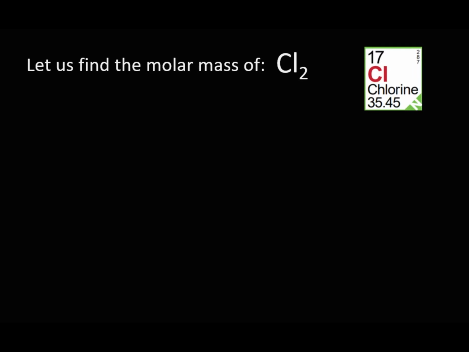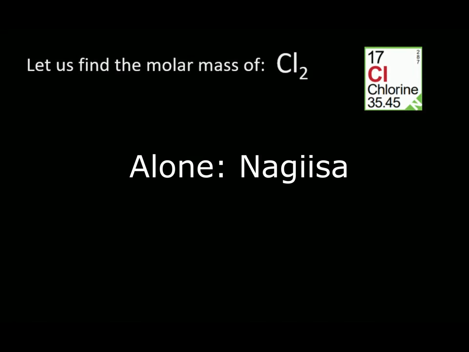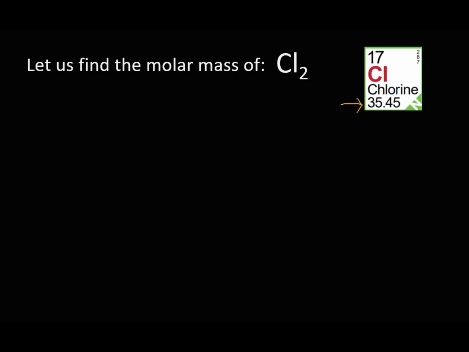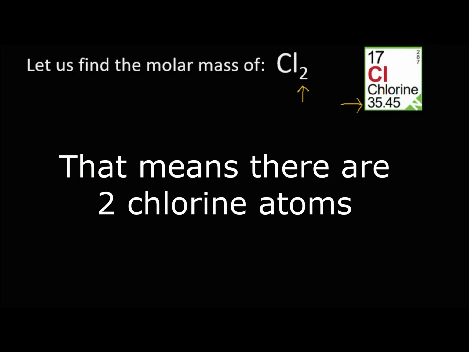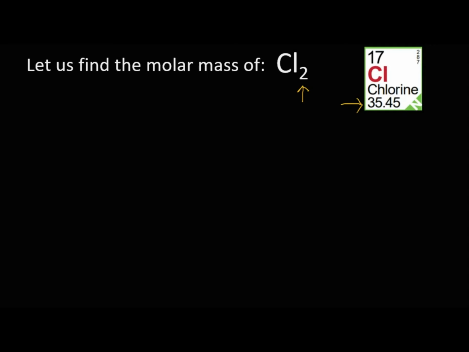Alright, so let us find the molar mass of chlorine. A single atom of chlorine will have this molar mass, 35.45 grams per mole. But you will see here it has a subscript. So to find the molar mass of chlorine, all we have to do is multiply the atomic mass by 2.